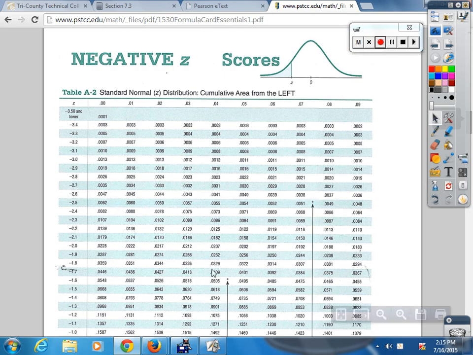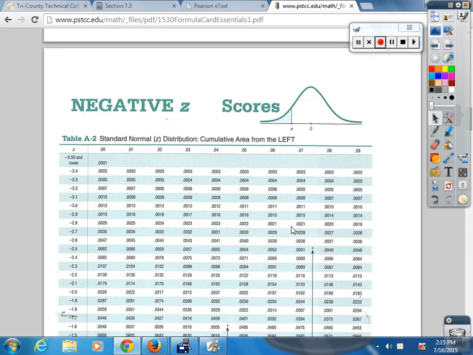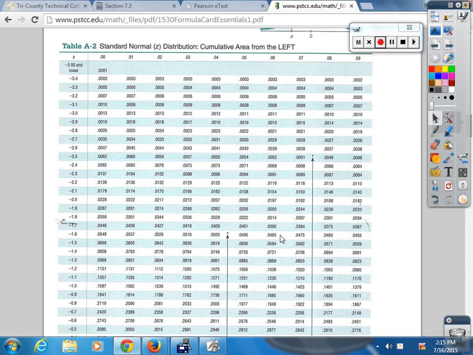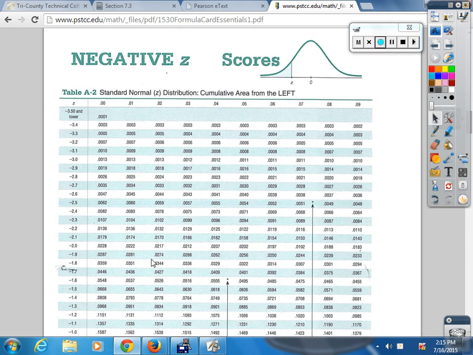What's my negative 2? What's 2 point what? 0.0250, is that what it was? I'm looking. Here we go.